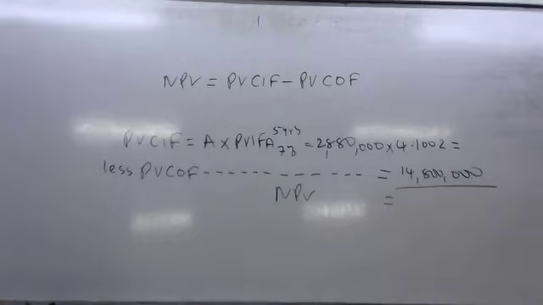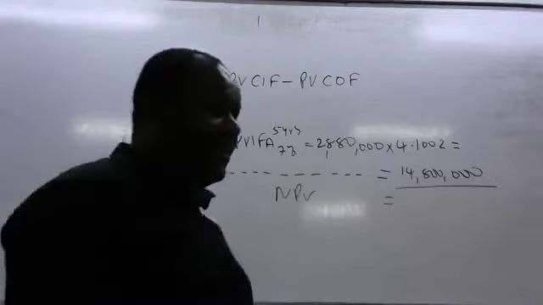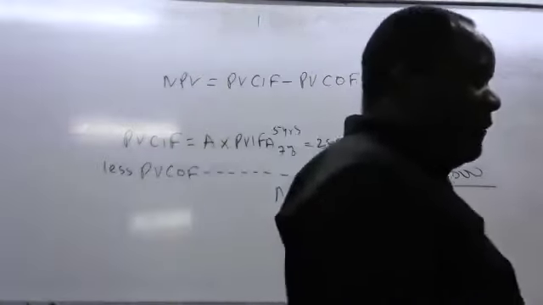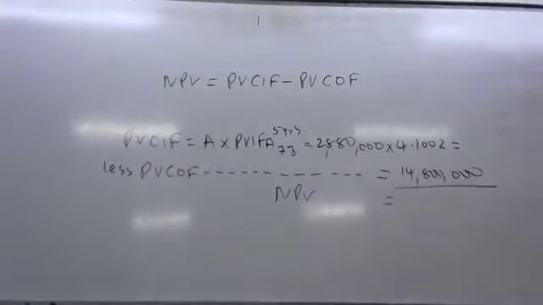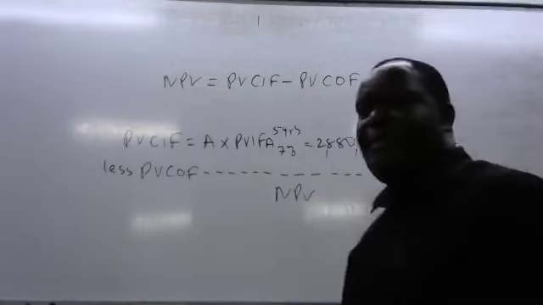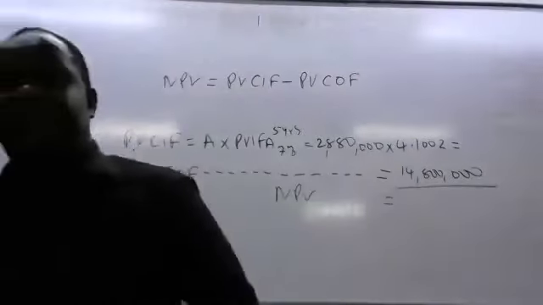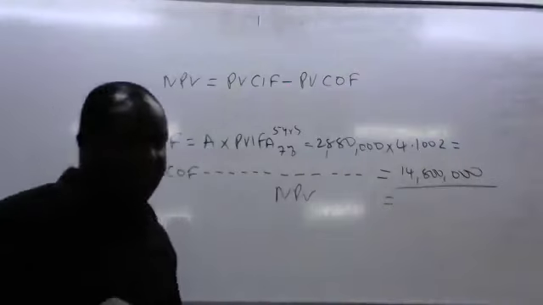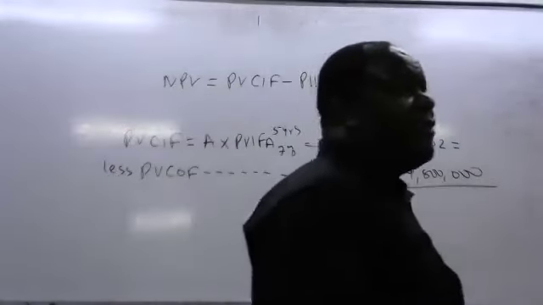If it is negative, then in Roman letter 4, you advise them not to refinance. But if it is positive, we advise them to refinance. So is it positive or negative? If it is negative, that's now our Roman letter 4.